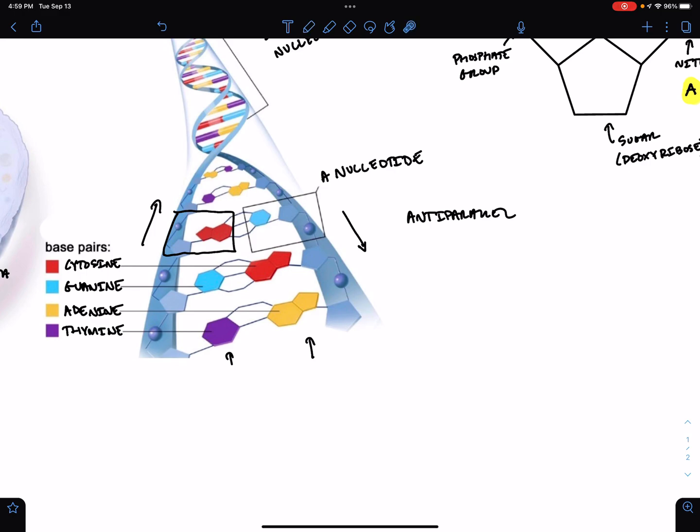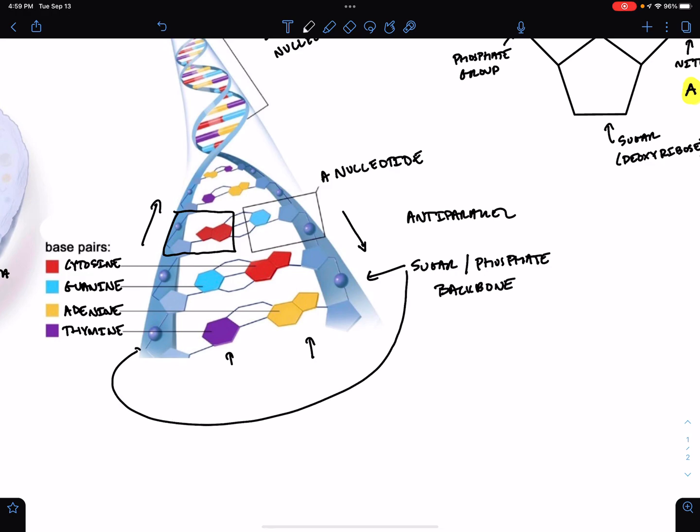The two strands of DNA are running anti-parallel to one another, and this is called the sugar phosphate backbone. There's a sugar phosphate backbone on both sides of the molecule.